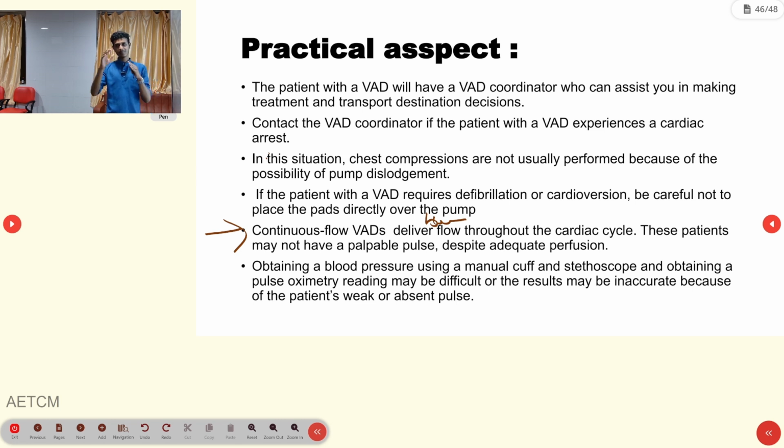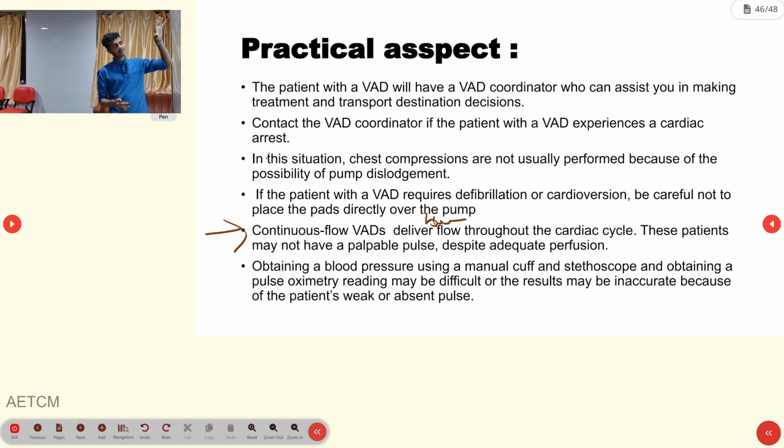The pulse happens because of systole and diastole; because of the systolic and diastolic function of the heart, there will be a waveform of pulse. Here there is no systole, there is no diastole. It is like a steady fast flow. So palpating the pulse and using a sphygmomanometer is a little bit difficult. Otherwise, we will get a very weak or absent pulse.